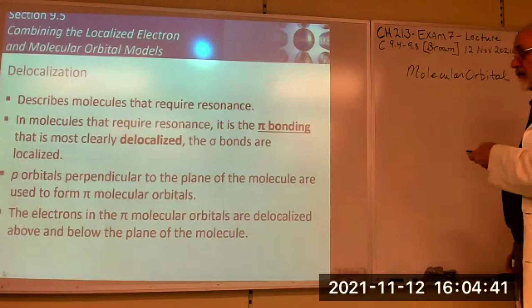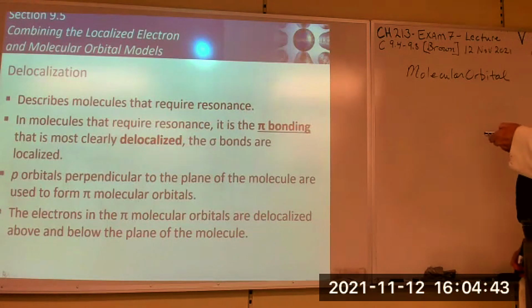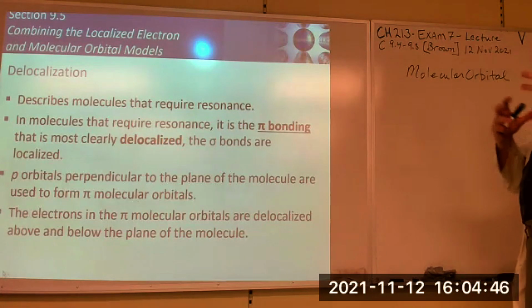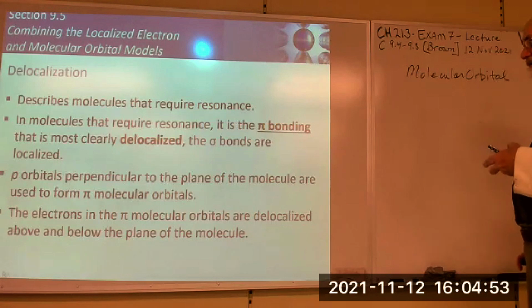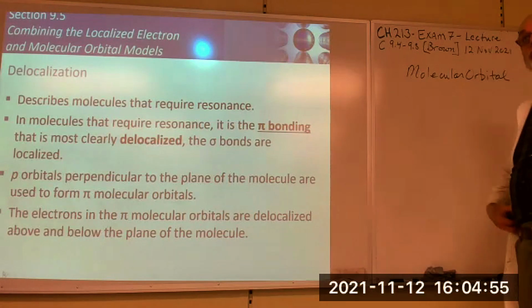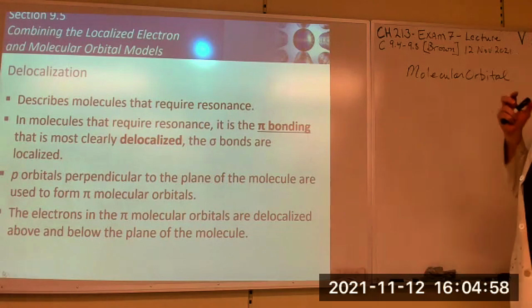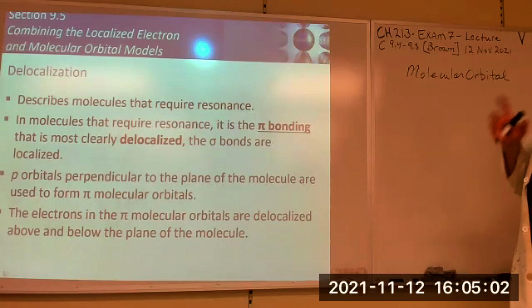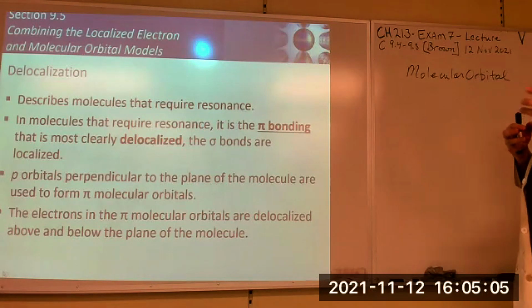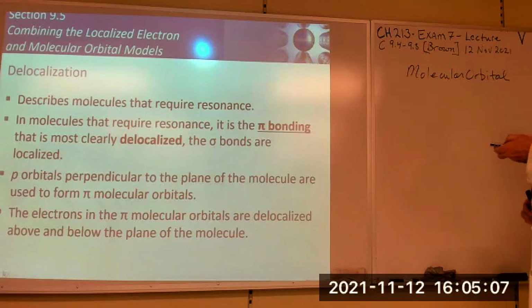Okay, so we have a molecule that is bound together with molecular orbitals, but the molecule itself, where we would normally try to represent it as resonating forms, is better explained if we incorporate the delocalizing nature of the molecular orbital models. So let me show you an example.